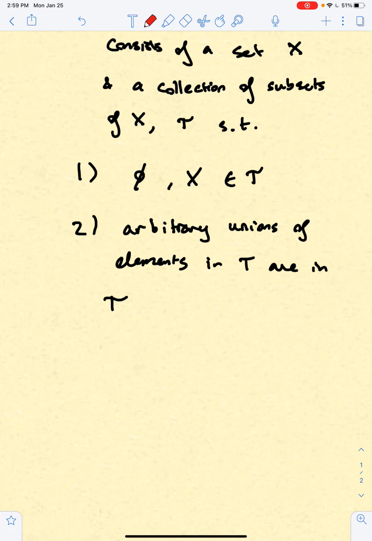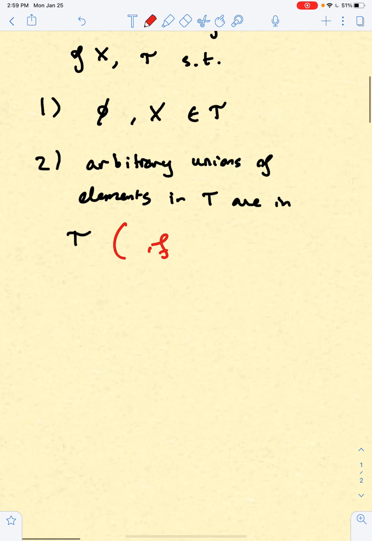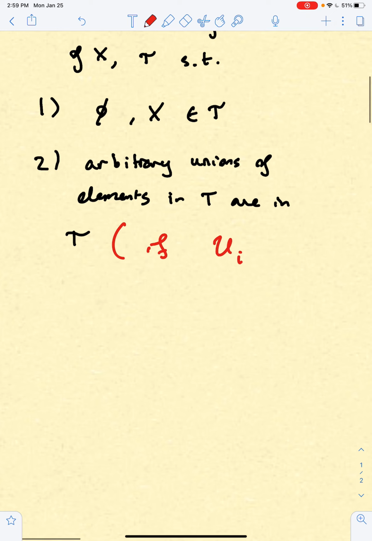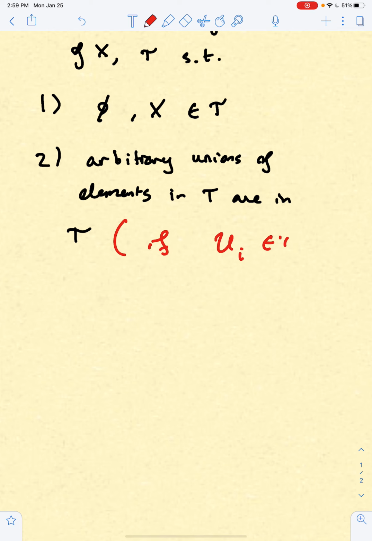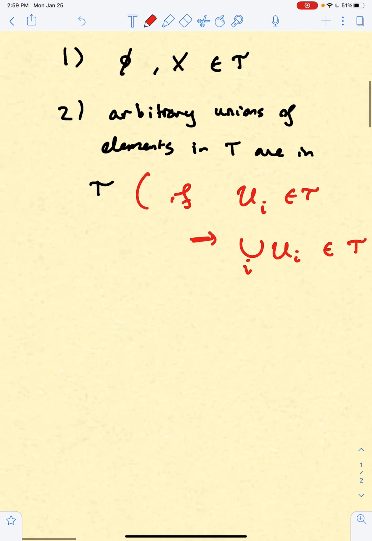Maybe I'll say that this means if I have some collection U sub i all inside tau, it implies the union over all these U sub i is in tau.